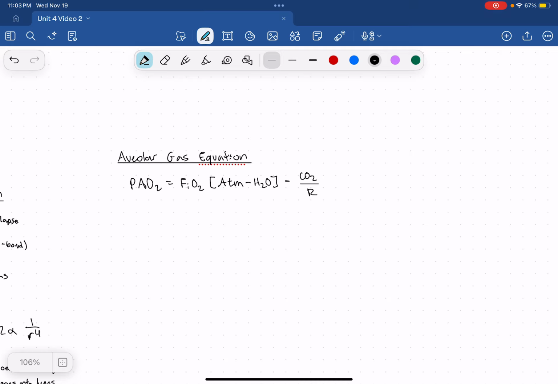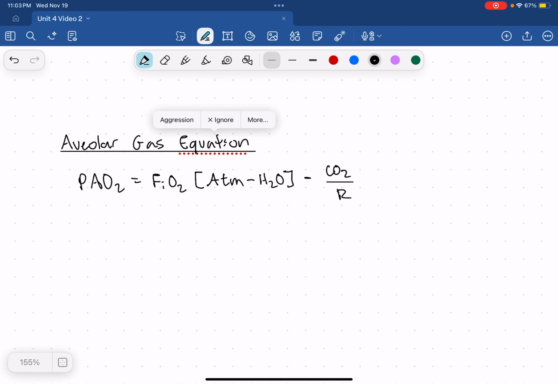So really quickly, let me label what each of these things means, and then let me talk about a couple of things that are happening within gas exchange that will help us to understand this equation a little bit better. So let me label these parts. Fi is the fraction of inspired oxygen, so oxygen breathed in, right?